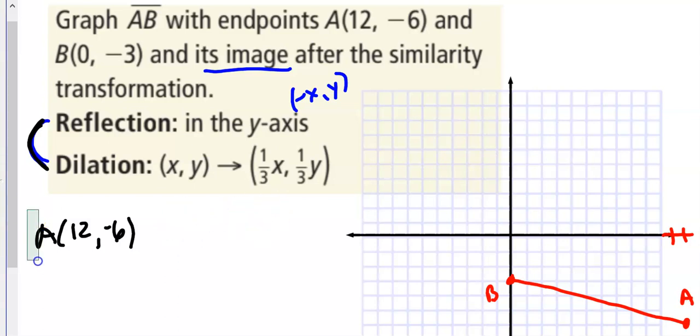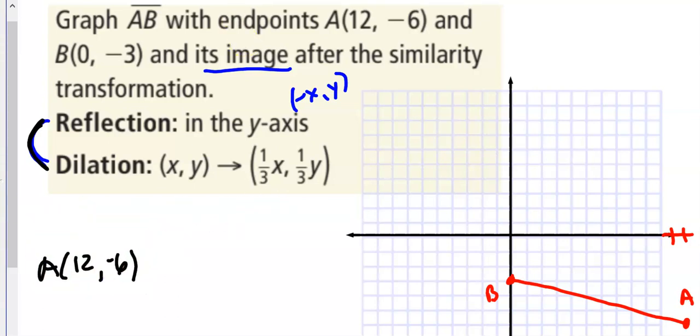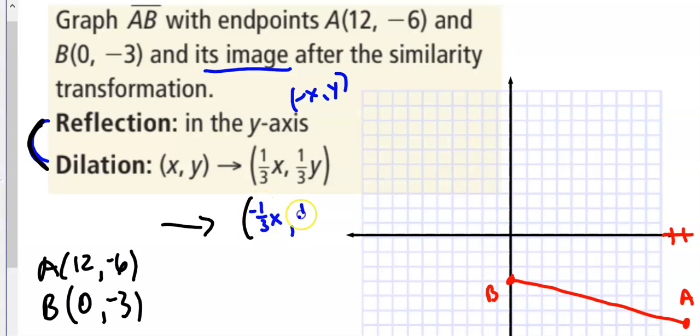Let me move this down just a little bit so I have more room. I'm going to write my original ordered pair, and again, I'm going to go right to combining this. The only thing that would change is I now would make my x -1/3 and y would be a third. So I'm combining the reflection and the dilation.